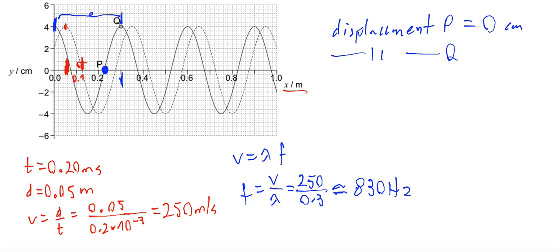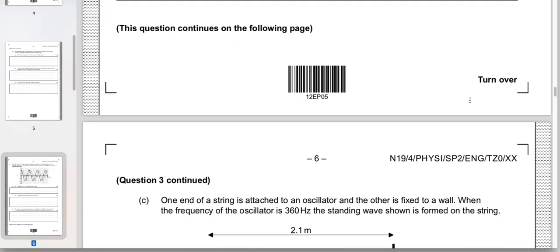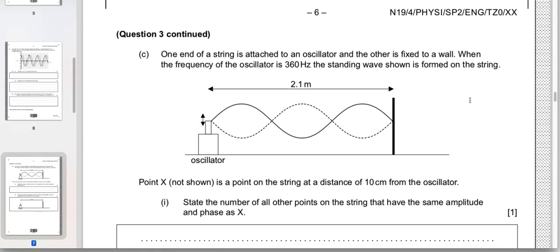Displacement of Q, here, is equal to 4 centimeters. You have to refer to the definition of simple harmonic motion, that acceleration is proportional to the displacement. So the acceleration of Q must be bigger than the acceleration of P, because the displacement of Q is bigger than the displacement of P. And this is the answer. Remember, refer to simple harmonic motion.